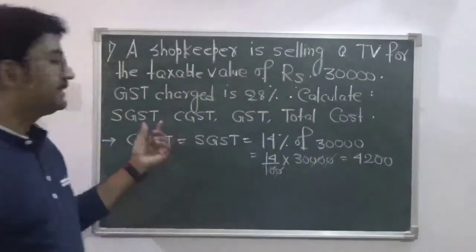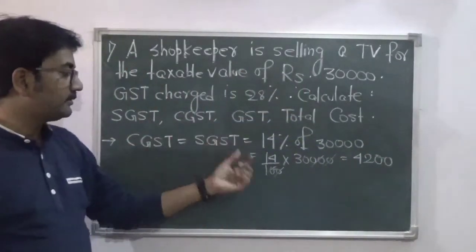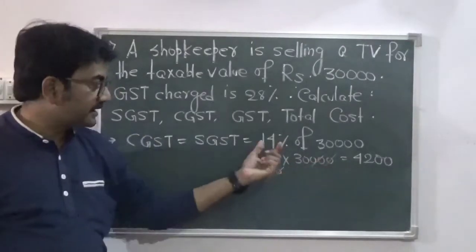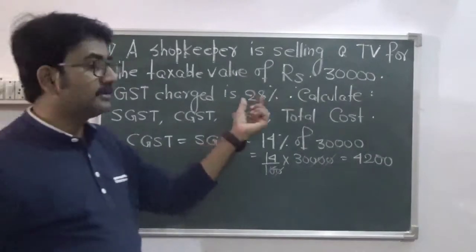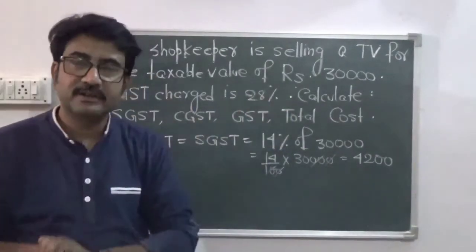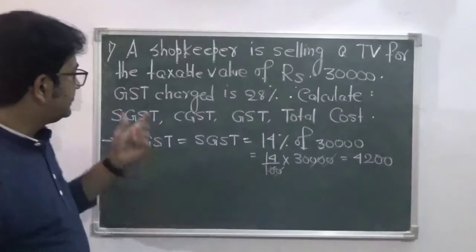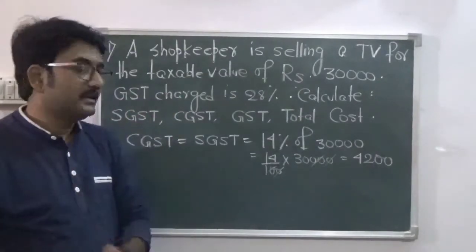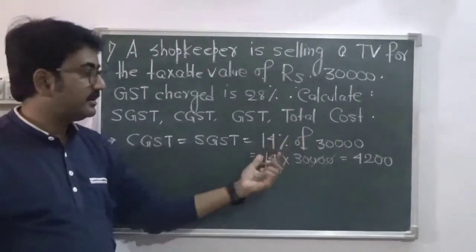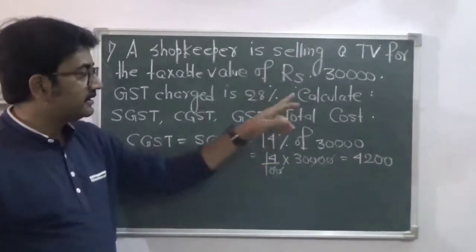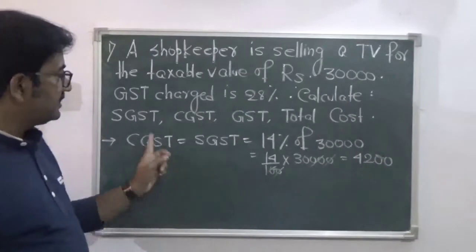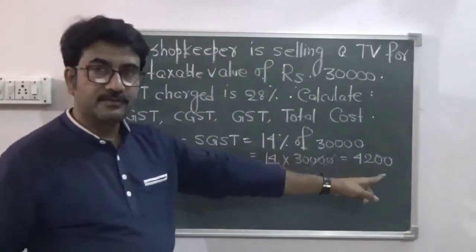So you got SGST and CGST both equal to 4,200. I have taken the percentage rate as 14%. As we know, GST is given as 28%, and in an intra-state transaction, SGST and CGST are equal. So the rate will be 14% for CGST, 14% for SGST, and the total becomes 28%. So now CGST and SGST are equal to 4,200 each.